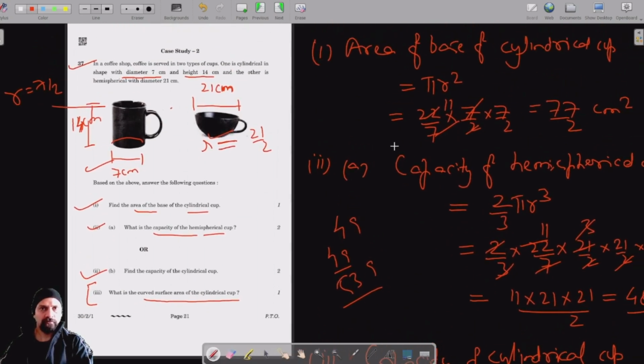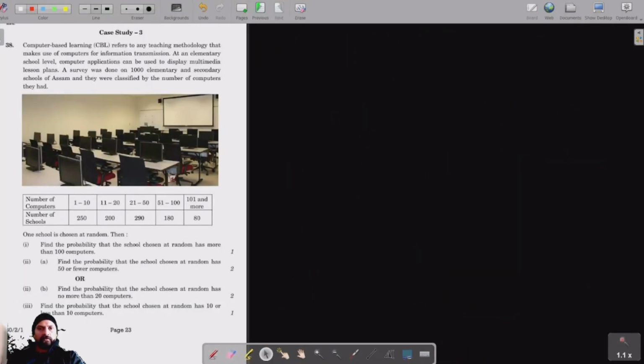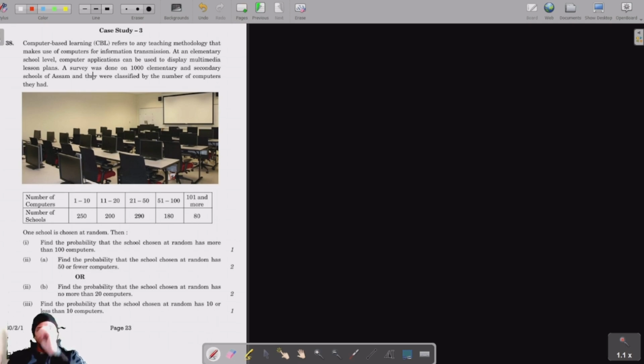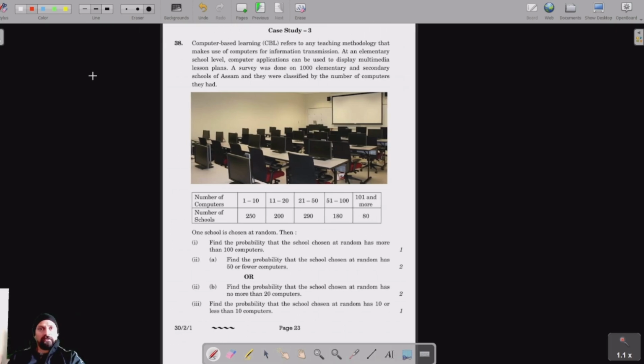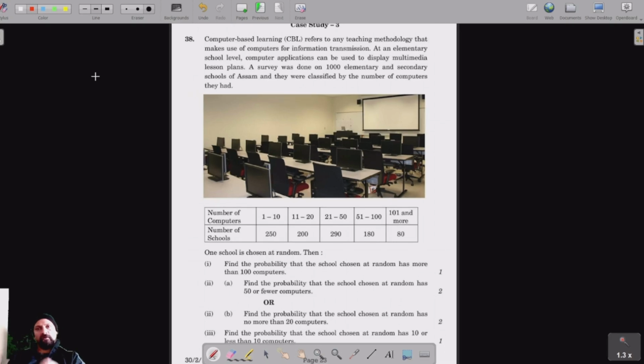Let's move on to the final one, question number 38, that is page 33. For this question, it's given that computer-based learning refers to any teaching methodology that makes use of computers for information transmission.